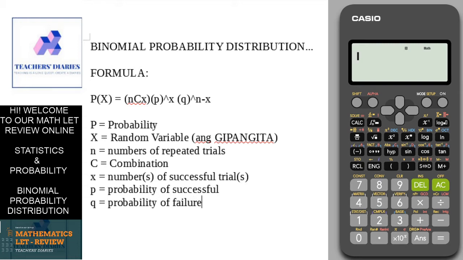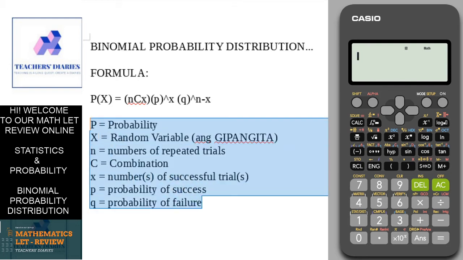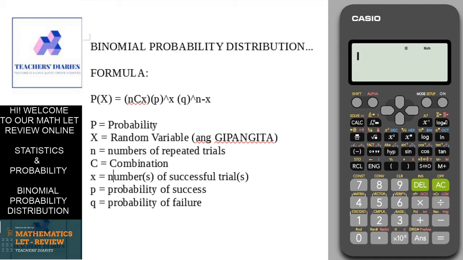Okay, so small letter p is probability of success, and q is the probability of failure. Okay, if you don't know based on this description that I gave, you can ask me in the comment box.